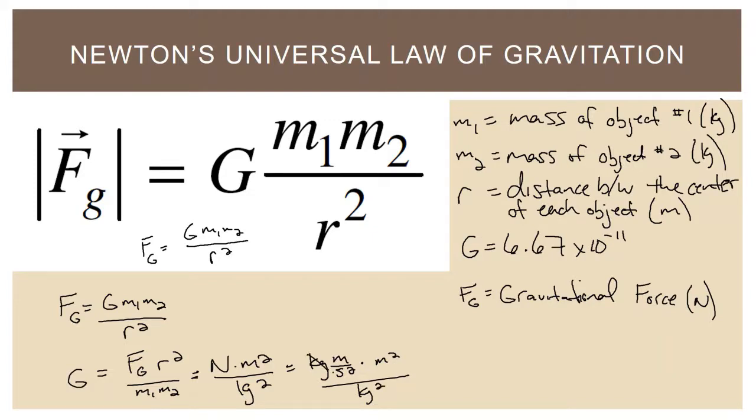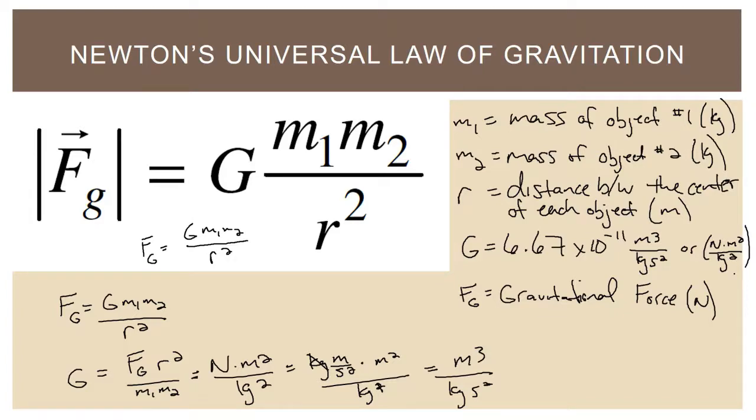And so what they write in the reference table is meter cubed per kilogram second squared. Yeah, I know. It's a little annoying. It is what it is. But I think it's important to realize if you just write newton meter squared per kilogram squared, that's totally cool.